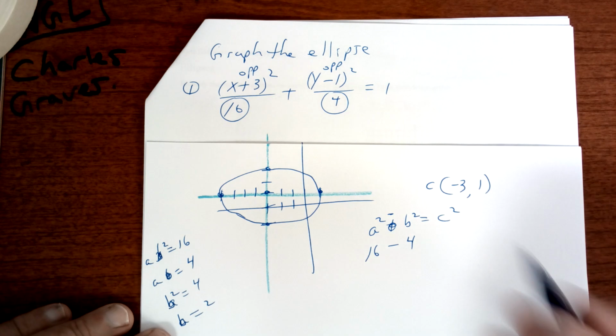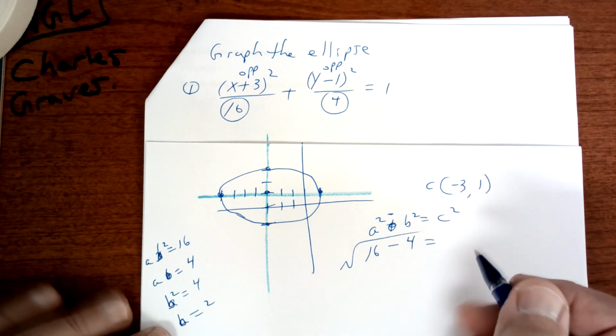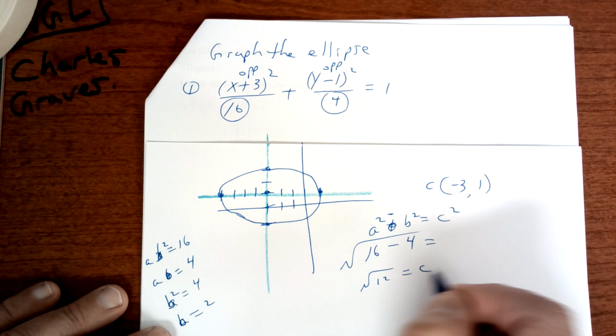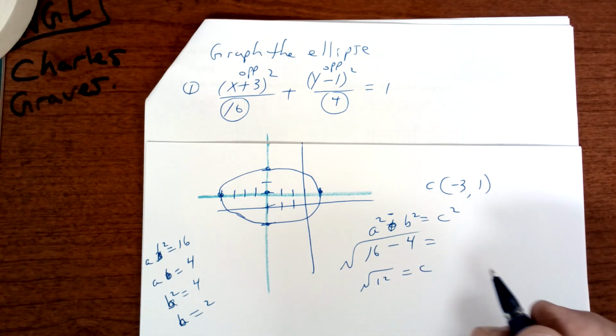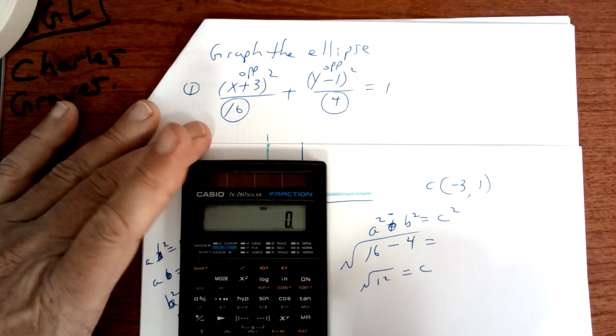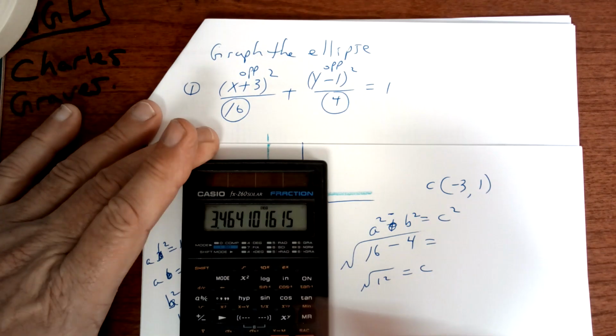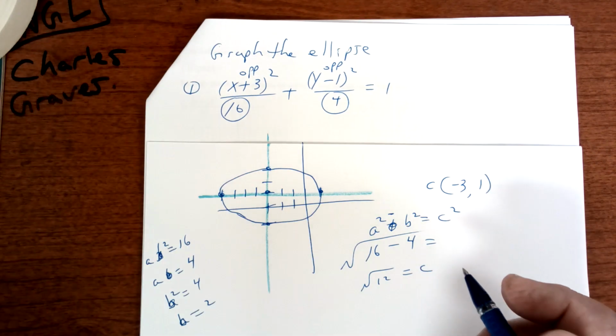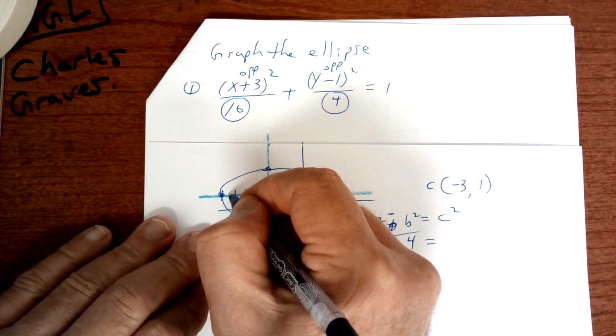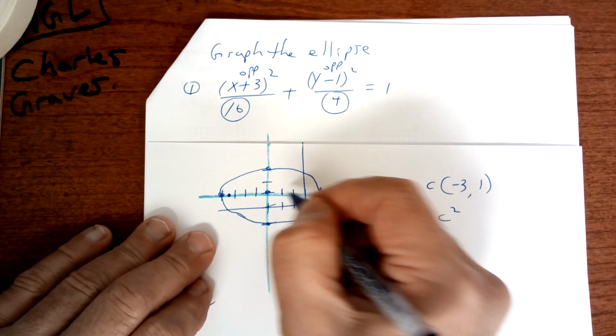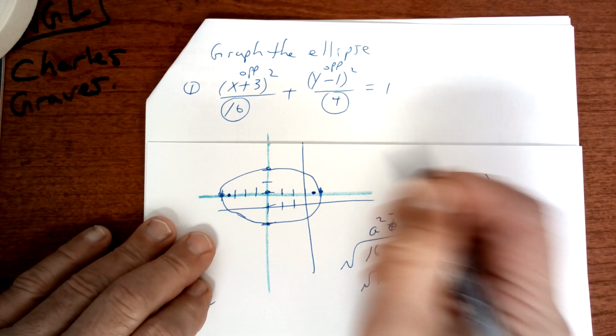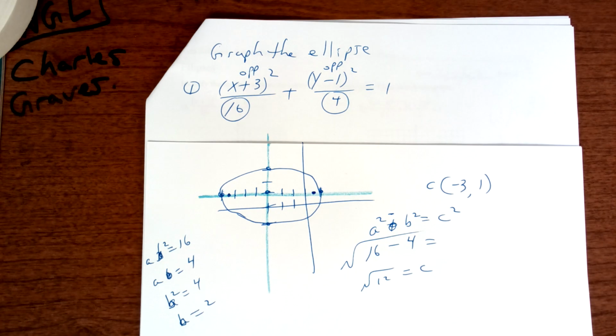So c is going to be the square root of that, which is the square root of 12. So your foci are 3.5 about. So 1, 2, 3.5, 1, 2, 3.5, and there you go. And that's how you graph an ellipse.